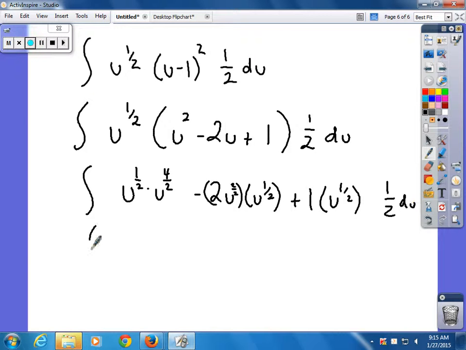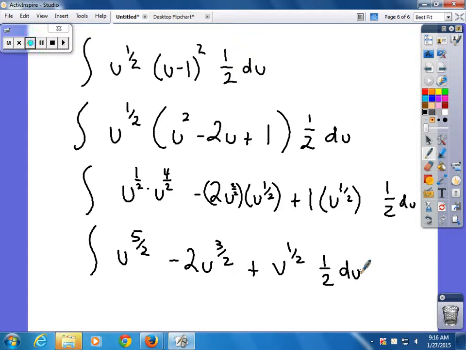So that's going to give us the antiderivative of u to the 5/2 minus 2u to the 3/2 plus u to the 1/2, 1/2 du.